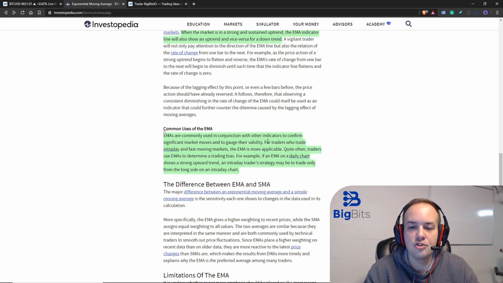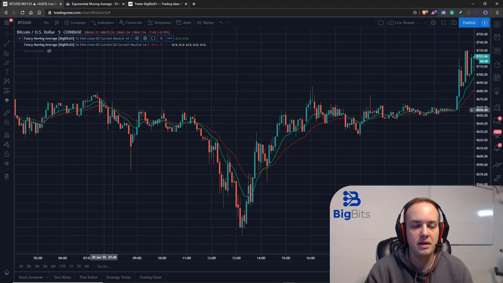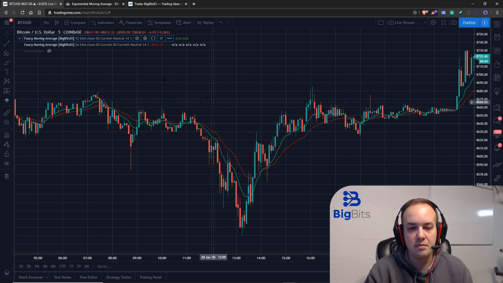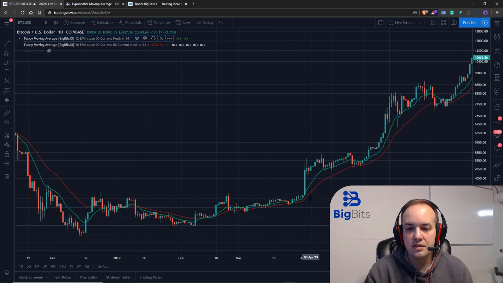They look at trading within the intraday market. So, for example, we're looking at the chart here on 5 minutes, and we're using the exponential moving averages and comparing those here. But if you look on the daily chart, you can see that the exponential moving average is moving up.